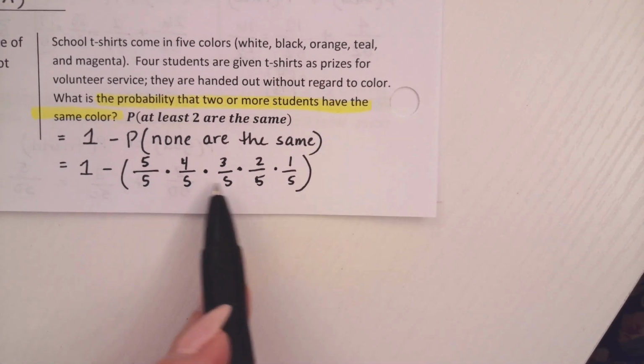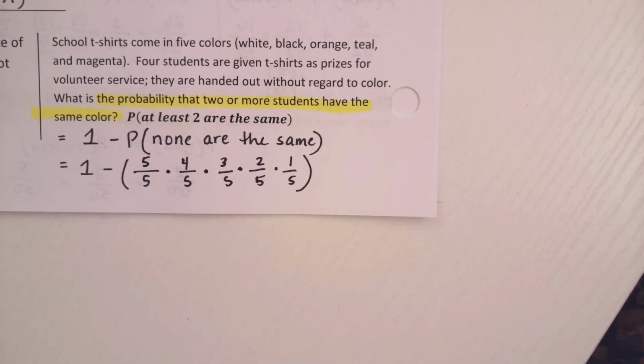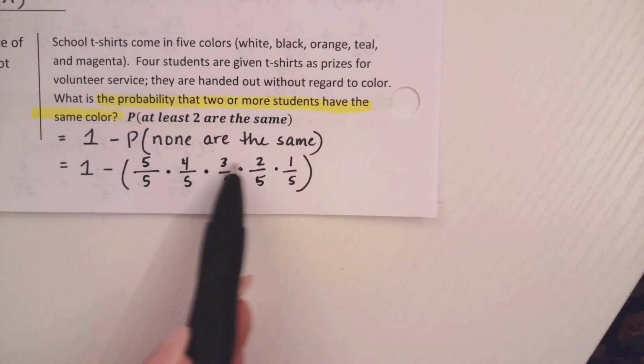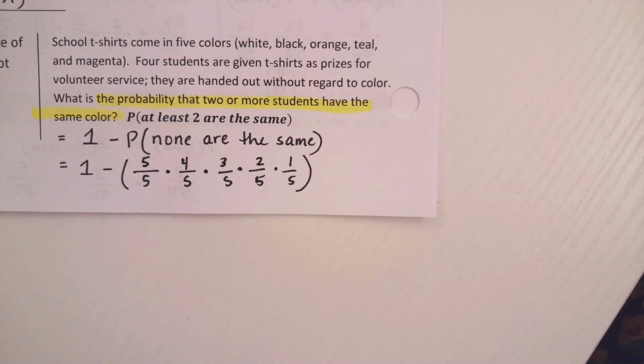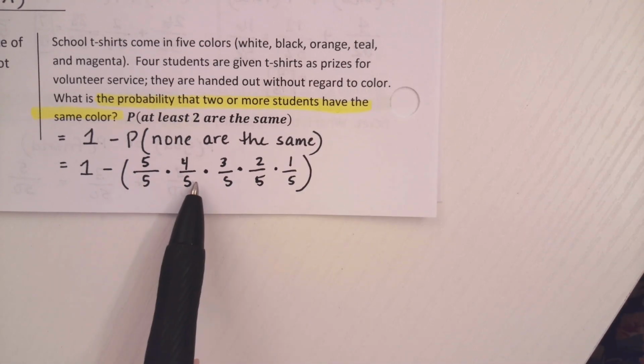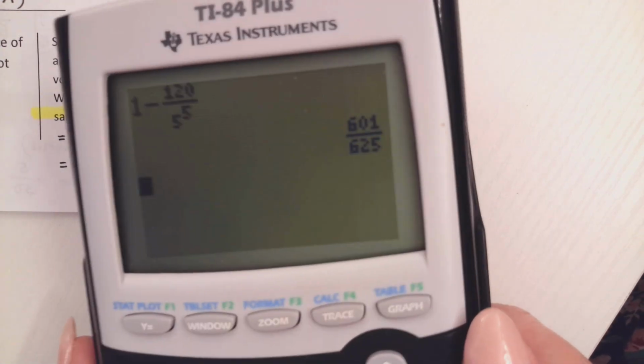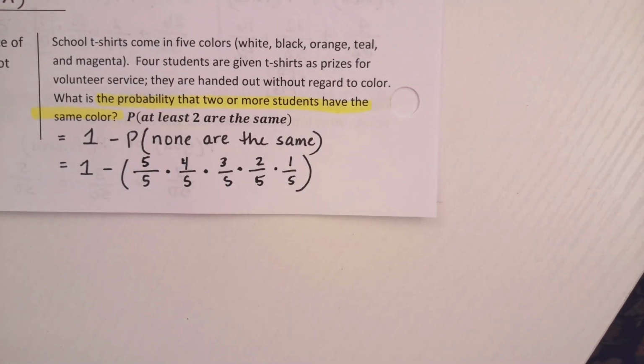That would be 120 over 5 to the 5th power. Right? 120 is on the top. On the bottom, what's 5 to the 5th power? I'm just going to type it instead of trying to calculate it in my brain. 601 out of 625.